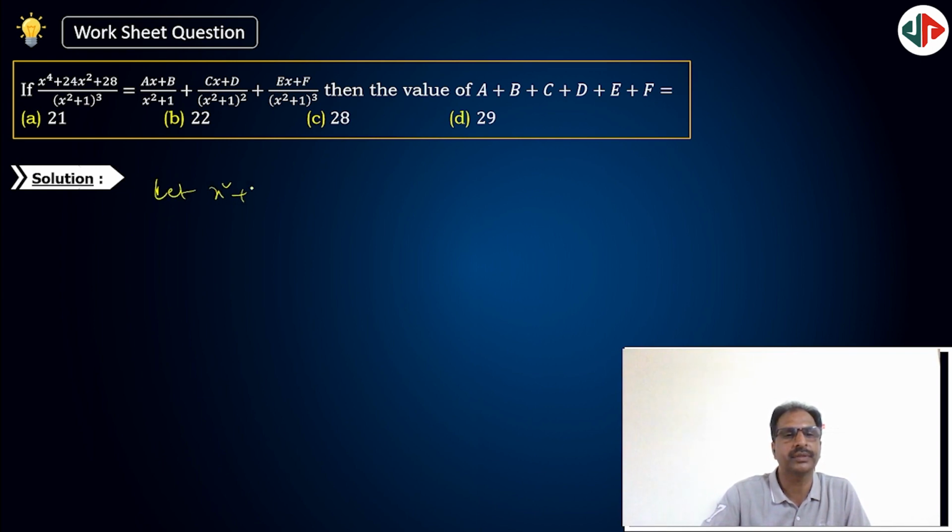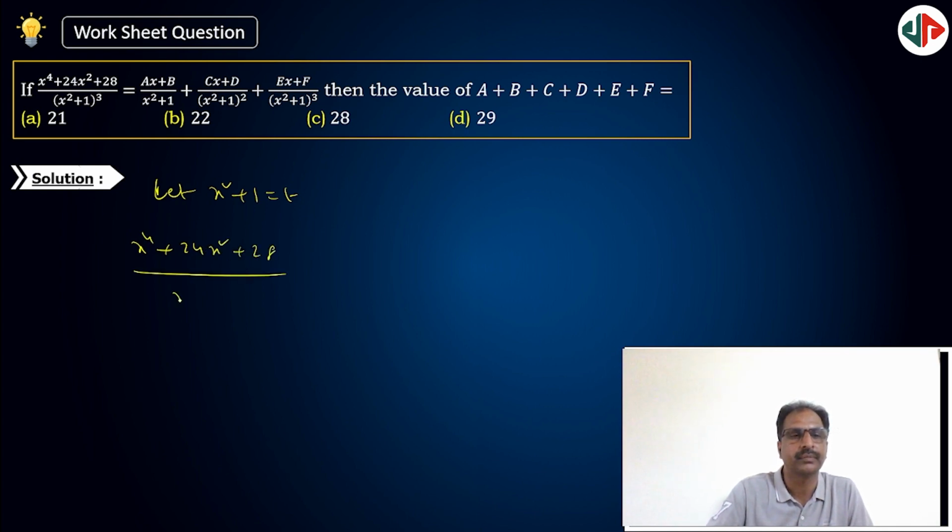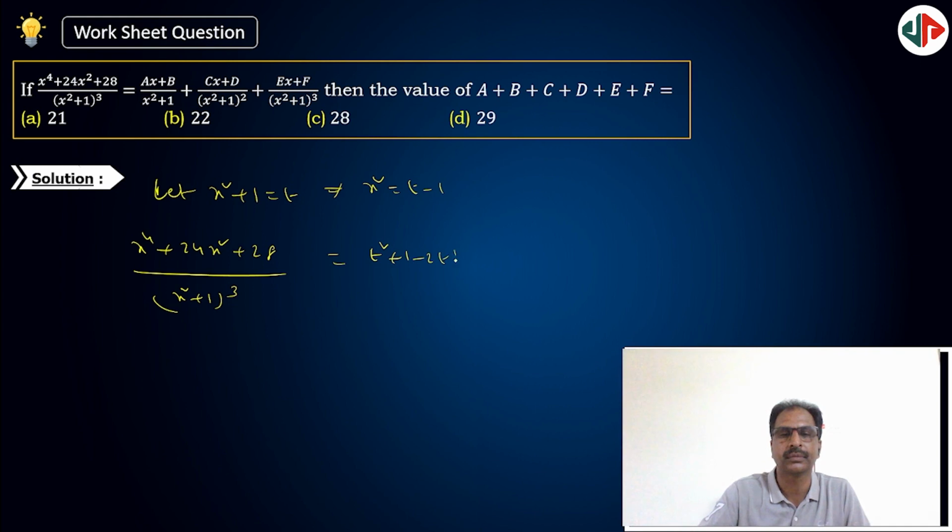Let x square plus 1 is equal to t. Therefore, (x power 4 plus 24 x square plus 28) by (x square plus 1) whole cube will become, from this x square is equal to t minus 1, x power 4 will be (t minus 1) whole square, plus 24 into (t minus 1) plus 28 by t cube.